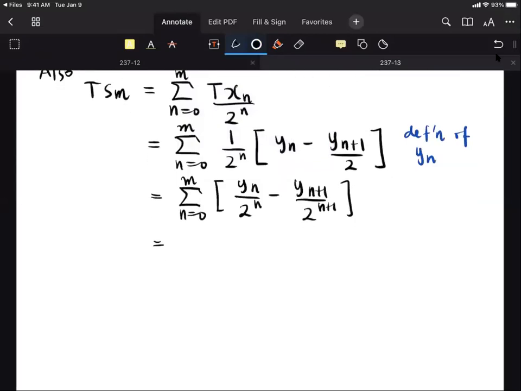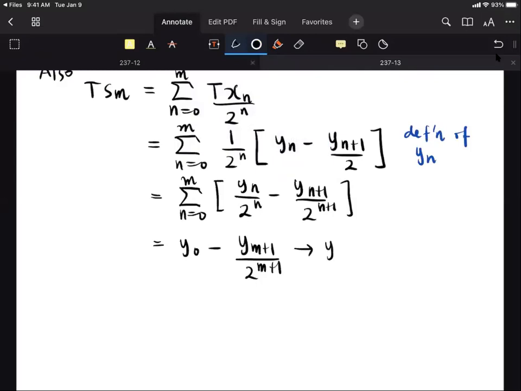And now we have a telescoping sum, and if you sum this, you end up with y naught minus y n plus 1 over 2 to the n plus 1.